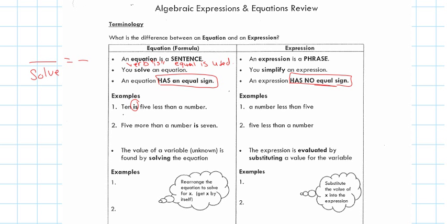How can I translate "is" into math? Equal. Now, "5 less than a number." When it says a number, you have to give that number a letter that represents it. I'm going to say the number is x. How can I write 5 less than x? Minus 5x.